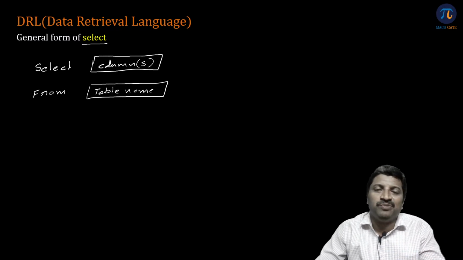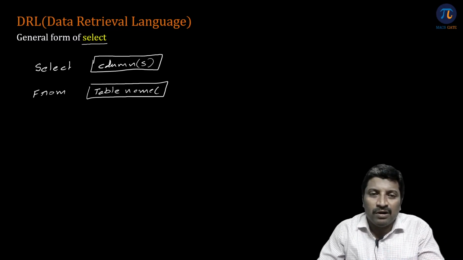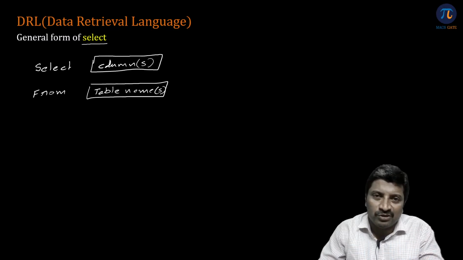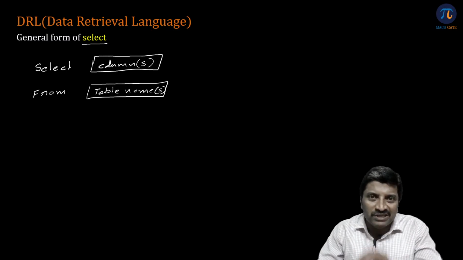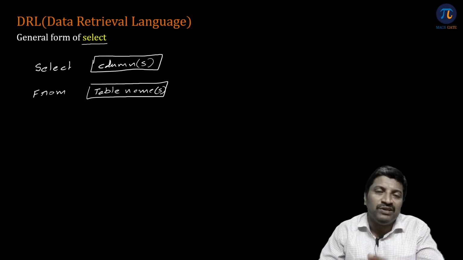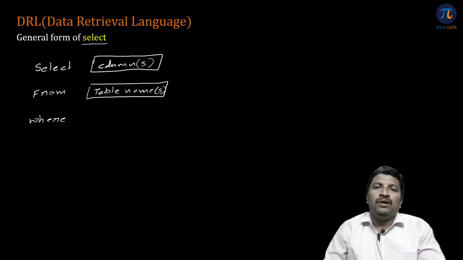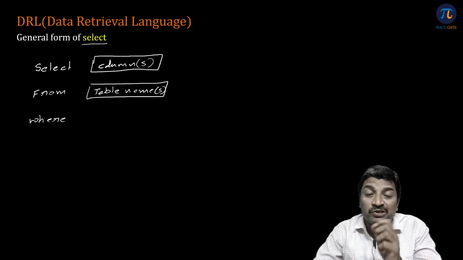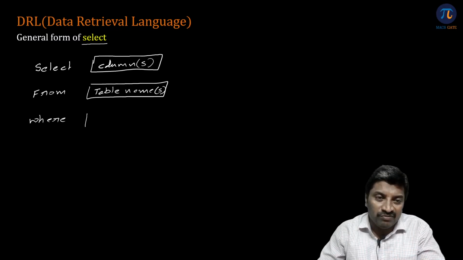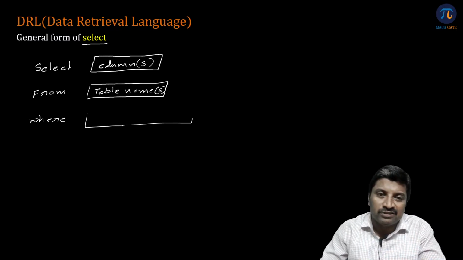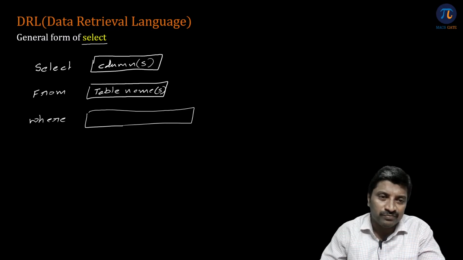The information may be retrieved from one table, two tables, or three tables. So what are the properties we need, and from which table do we need to retrieve? Then, for which records do you want that particular information? Here we write the conditions to select the particular records.